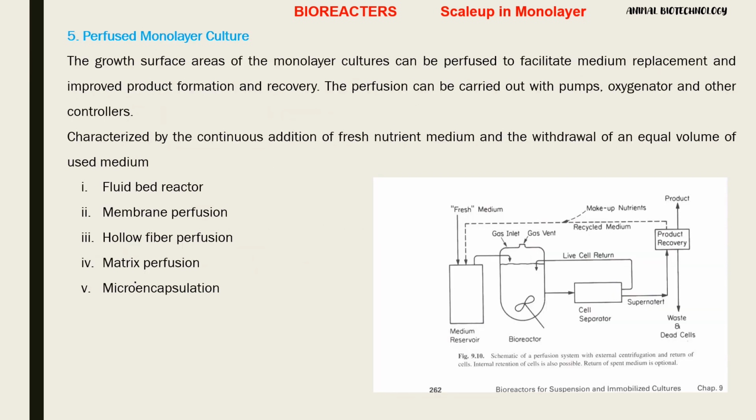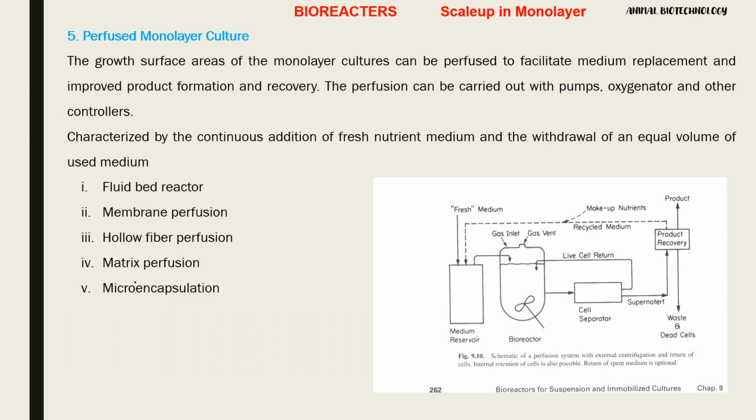Perfused monolayer culture. In this, the growth surface area of monolayer cultures are perfused to facilitate medium replacement and product formation and recovery. Perfusion can be carried out with pumps, oxygenators, and other control systems.